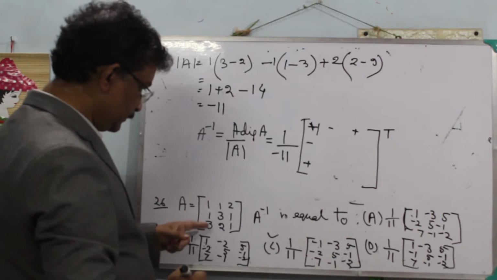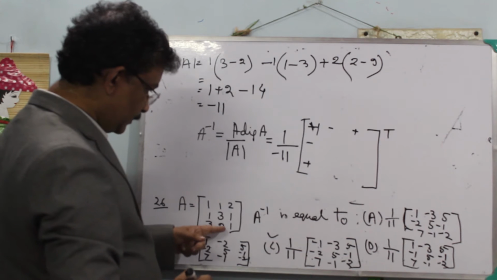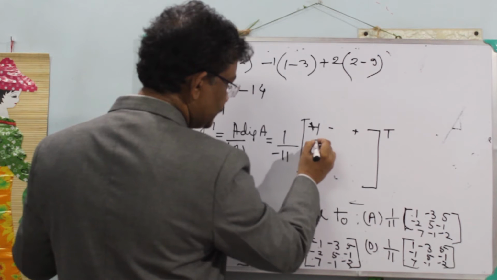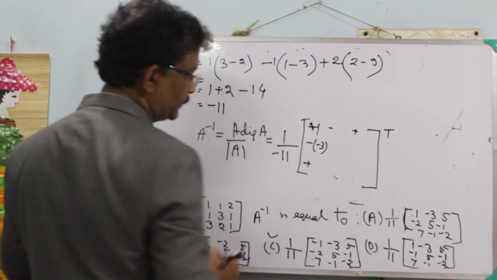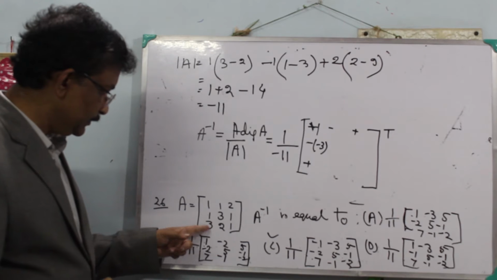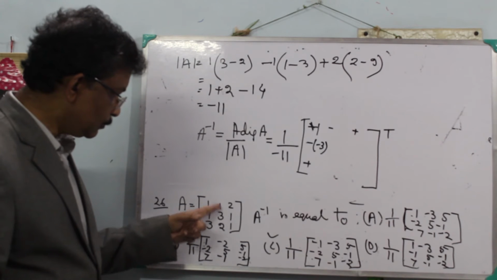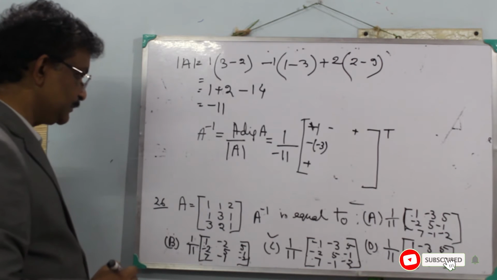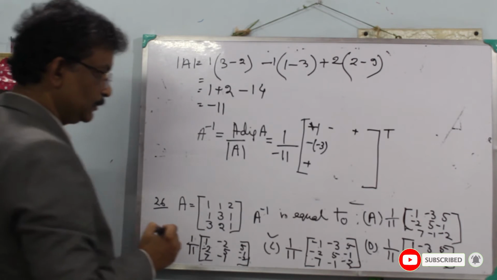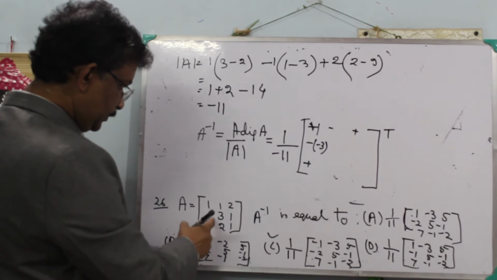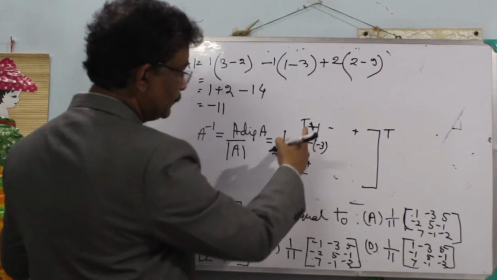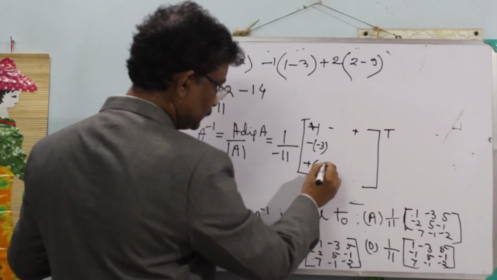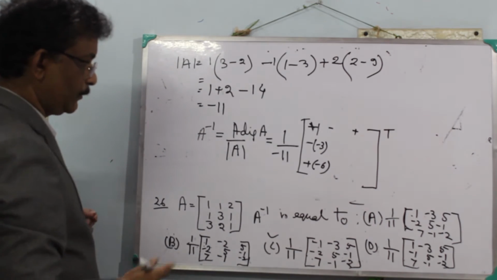For this element, 1 minus 4 is minus 3, and with the minus sign that means plus 3 only. For the next, 1 minus 6 is minus 5.